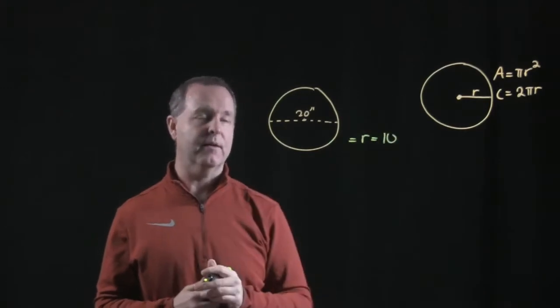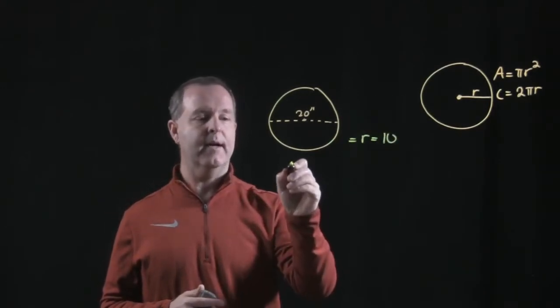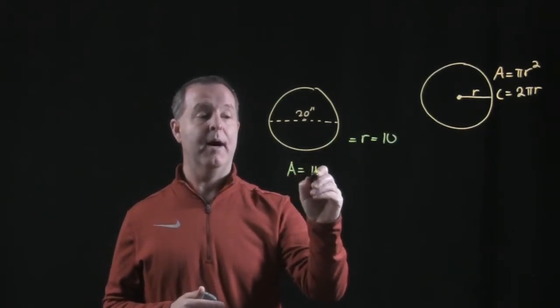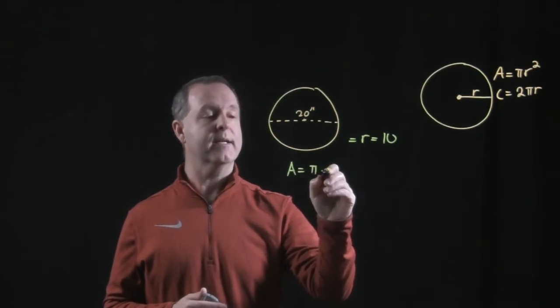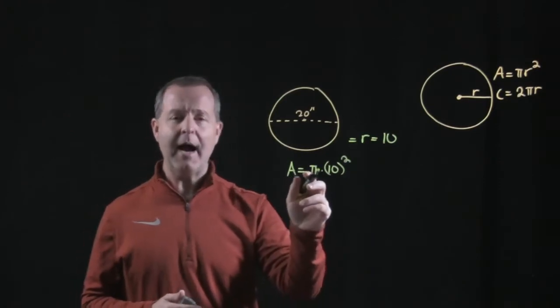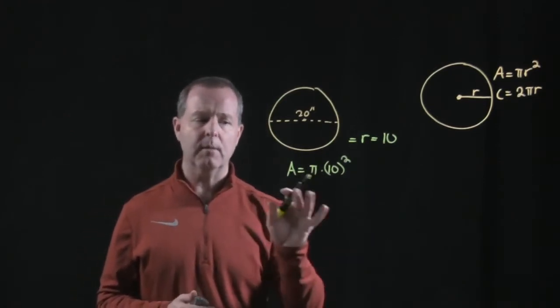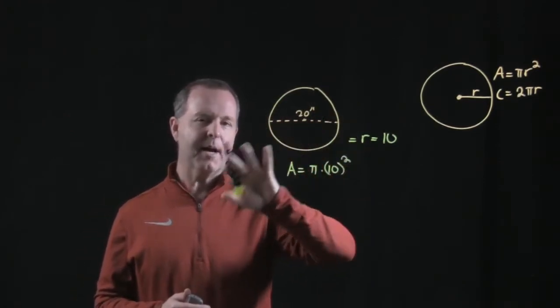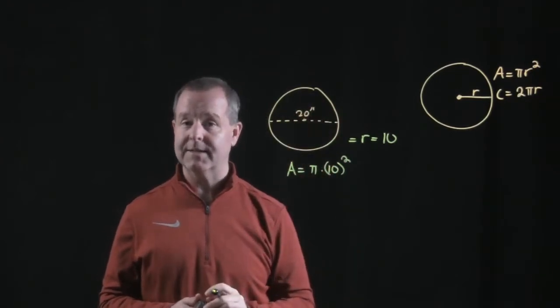I can look at my formulas there. Area equals pi times radius, which in this case is 10, and square that. Now pi, it's an irrational term. It's a term that we've discovered pops up in a lot of things, especially within circles.